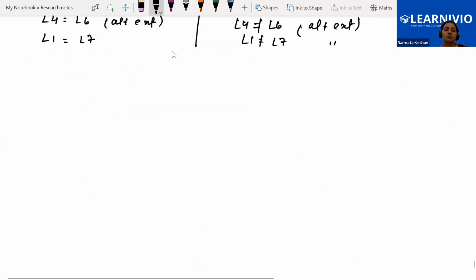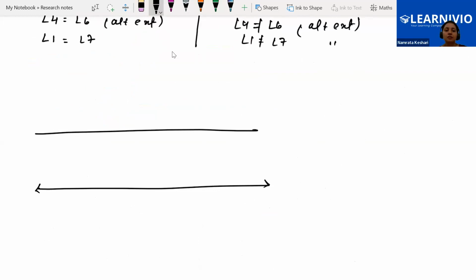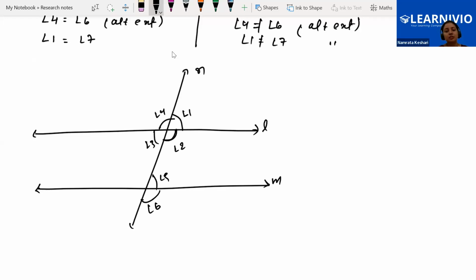Now, suppose we are having L, M. There is a transversal line. Then this angle, suppose angle 1, angle 2, angle 3, angle 4. Again 5, 6, 7, 8.